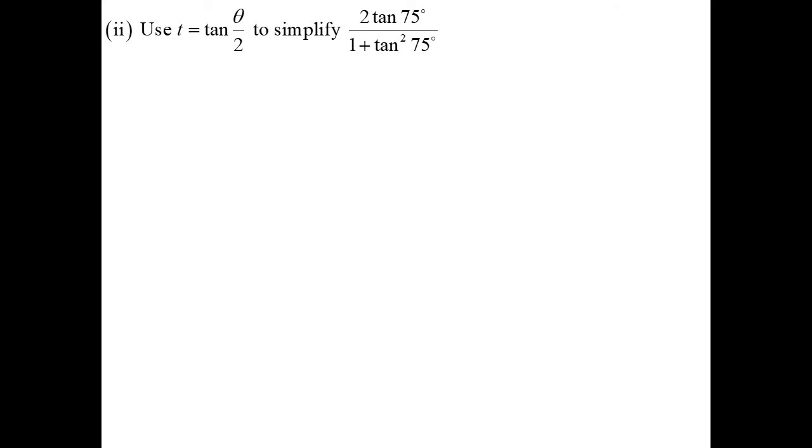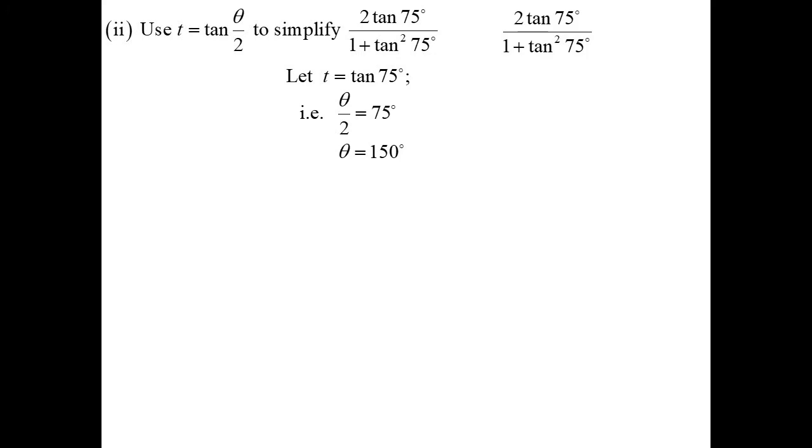So we've got 2 tan 75 on 1 plus tan squared 75. Well, if I let t equal tan 75, when they've given me the hint, use the t results. So let t be tan 75. In other words, we're saying that half of the angle is 75. So the angle we're talking about is 150. So 2 tan 75 on 1 plus tan squared 75, which is 2t on 1 plus t squared, if I like.